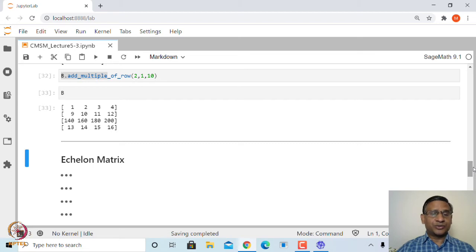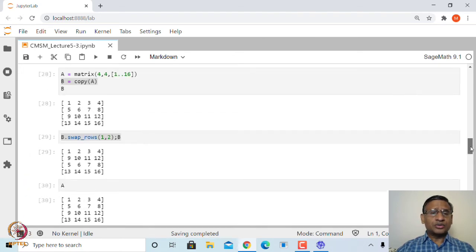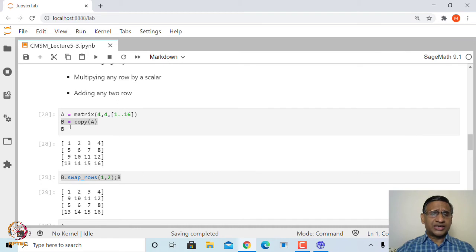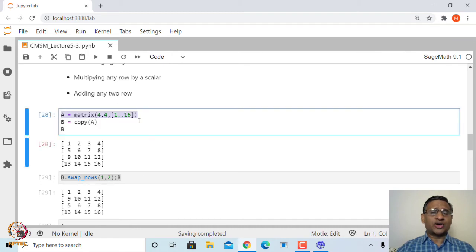In that case, if you can convert the matrix A into a simpler form, it would become much simpler. So when you apply any row operation, let us say we applied a row operation to A and obtained a matrix B, then A and B are called row equivalent matrices.